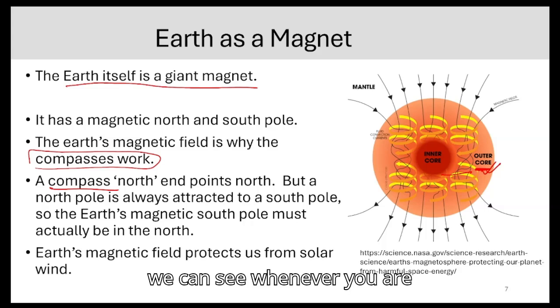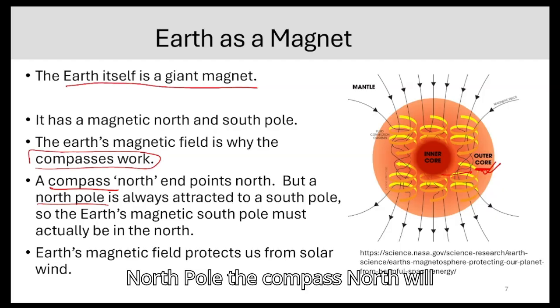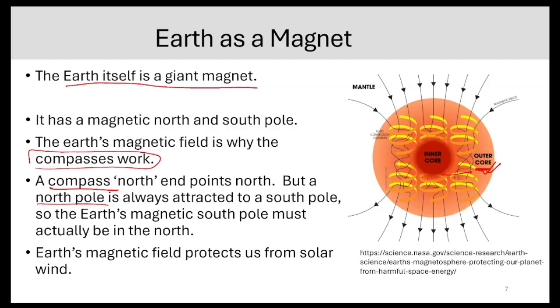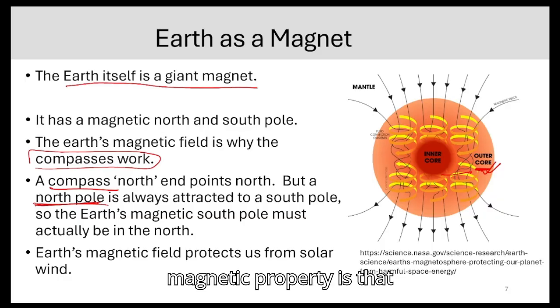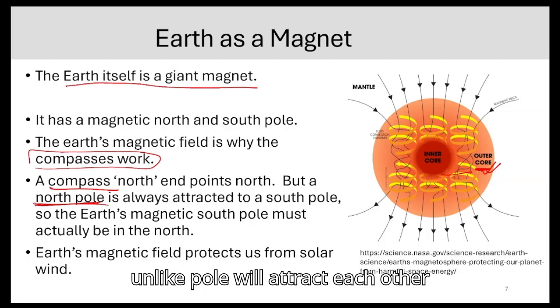We can see whenever you are using a compass, the compass north always shows orientation toward the north pole. But what we know about magnetic properties is that the same poles will repel each other, and unlike poles will attract each other.